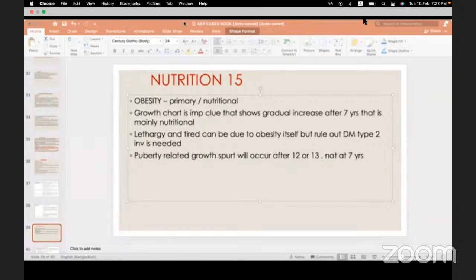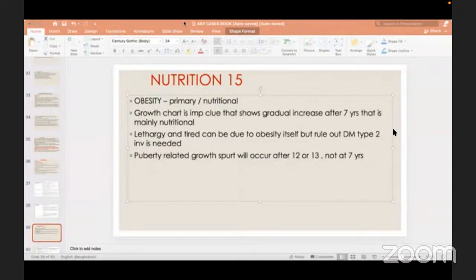In this option there is no random blood sugar. If there were random blood sugar, I would choose random blood sugar. You got my point? Because type 2 diabetes mellitus is mainly related to obesity. Hypothyroid and lipid profile, yes, they are second line, but the primary investigation is diabetes. Because the child is tired and lethargic, he can have diabetes.